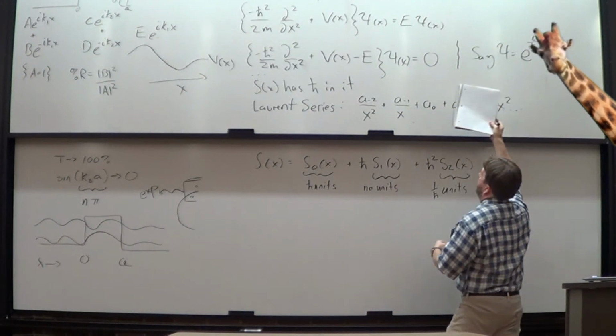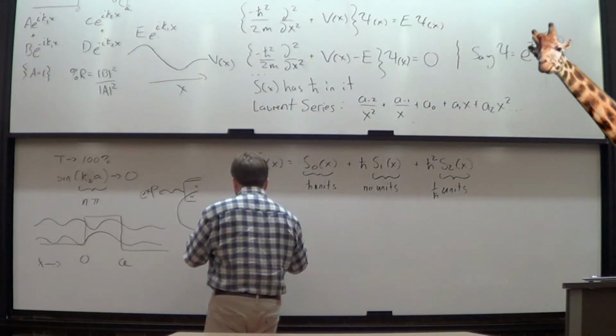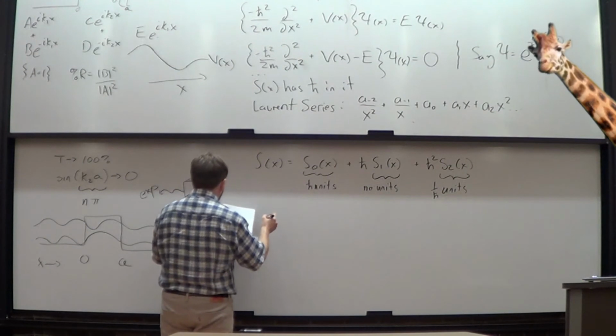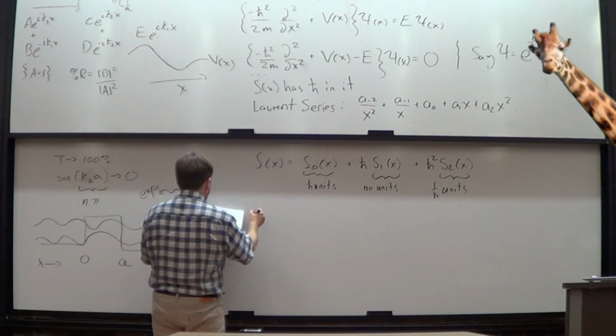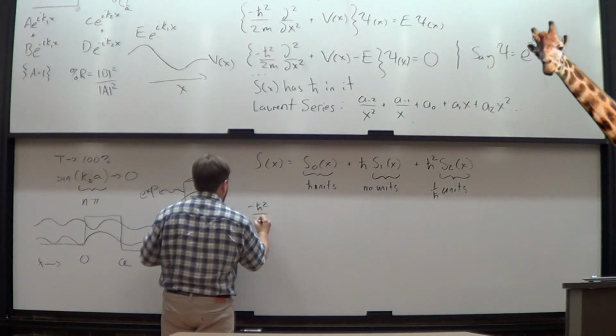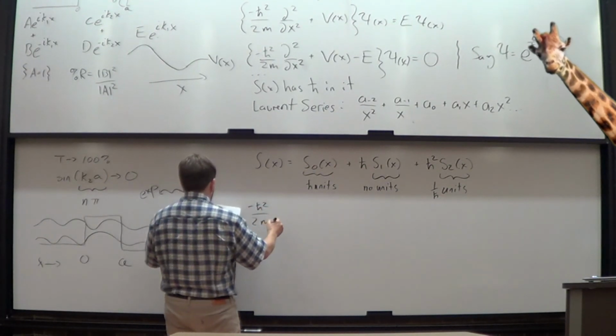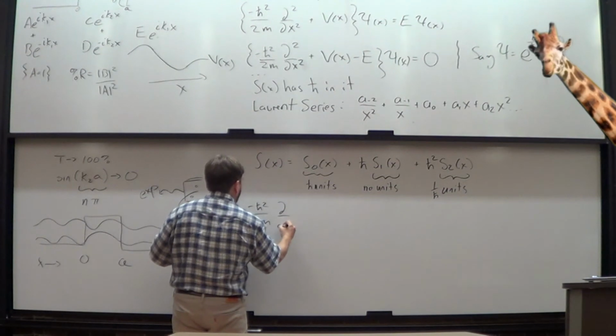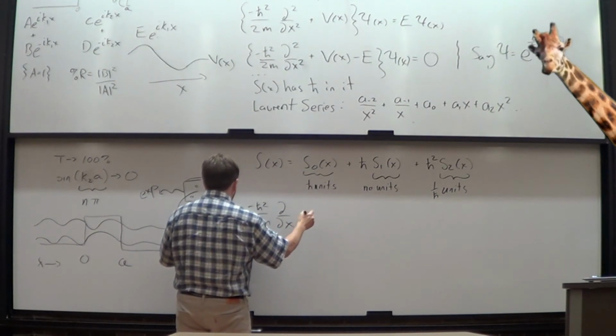Okay, so what we do is plug this into this, and what do you get? The first step is minus H bar squared over 2m. Now let's do the first derivative. Again, I'm going to do this in baby steps.